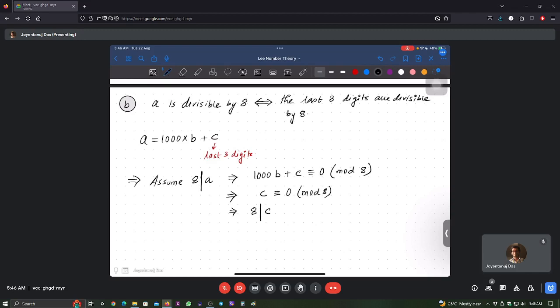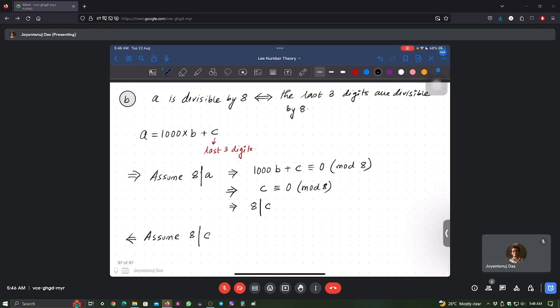Now similarly the other direction. We assume that 8 divides C. Then you have to prove that 8 divides A. How to do that? It's going to be 1000B plus 8K, so suppose C equals 8K. Then you factor out 8.